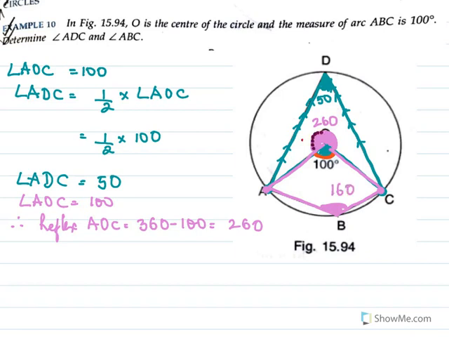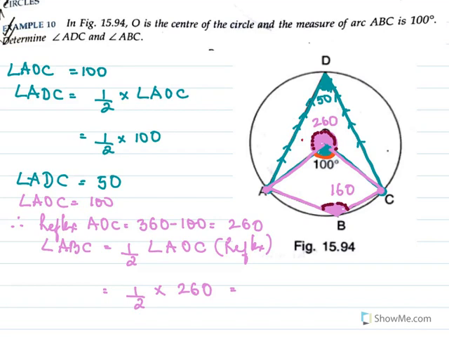Remember, this angle 260 is connected to angle 130. So angle ABC is half of reflex angle AOC, that is half of 260, which is 130.